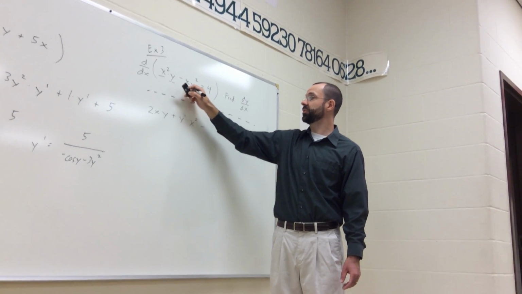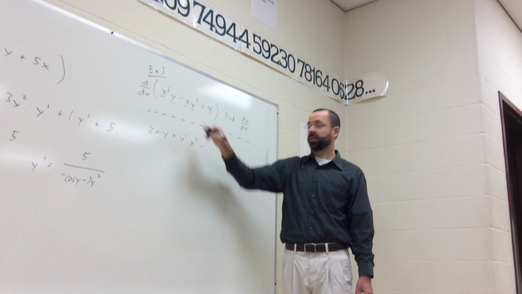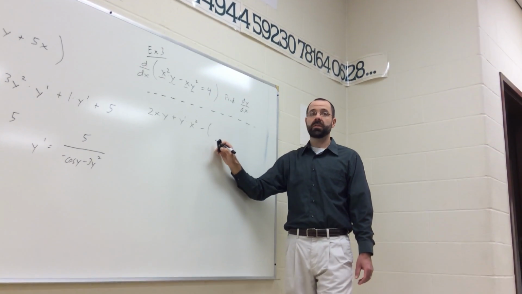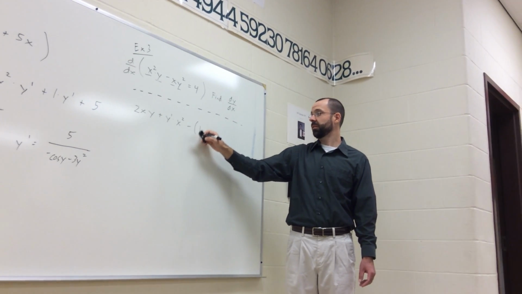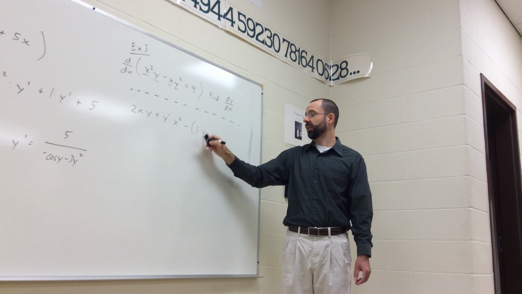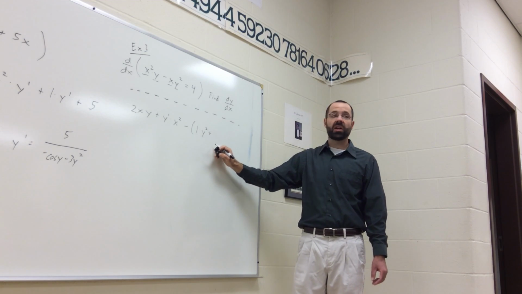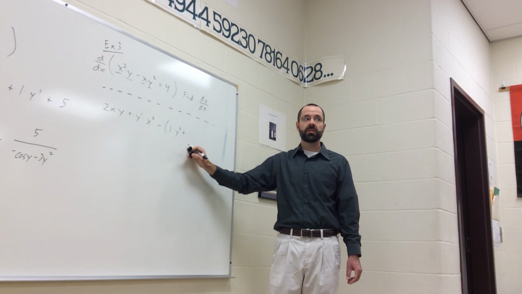Same thing here. This is two things multiplied, so I have to do product rule there. So it's minus the derivative of the first thing, which is just 1, times the regular second thing, plus derivative of the second thing.